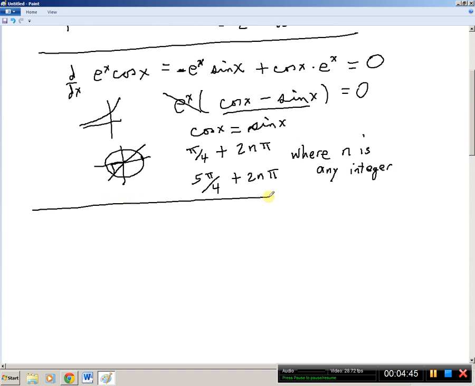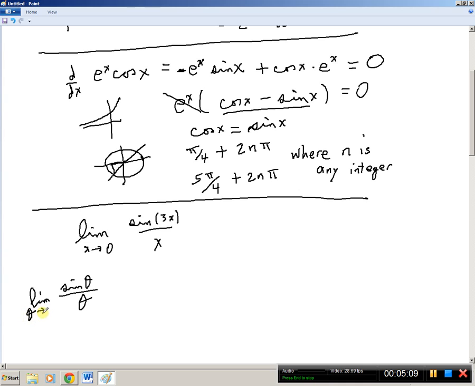Number 3, you were supposed to find the limit as x approaches 0 of sine 3x over x. And what you know is that the sine of theta over theta, where you take the limit as theta goes to 0, you know that this is 1.